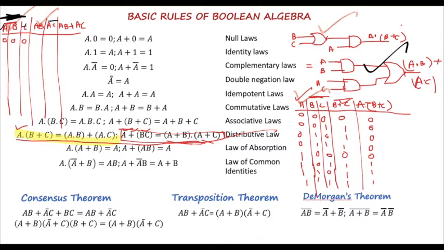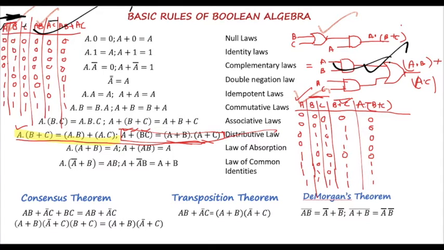So AB is 0, AC is also 0. So this explains this circuit.